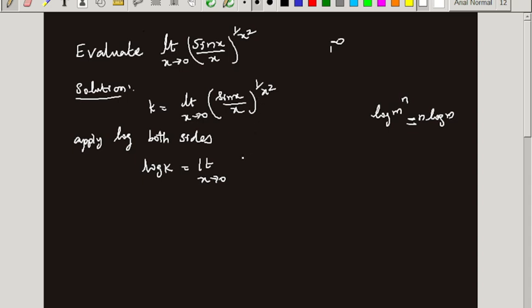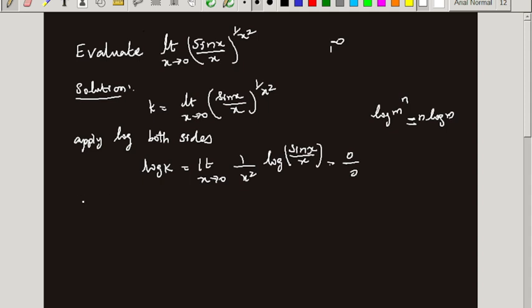So here we get 1 dividing by x square into log of sin x dividing by x. So here if I apply limit x tends to 0, we get this is 1. So log 1 is 0, dividing by 0 format.